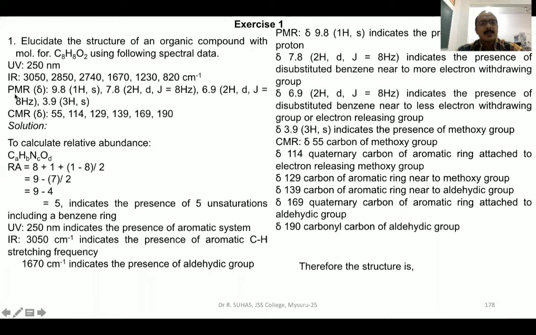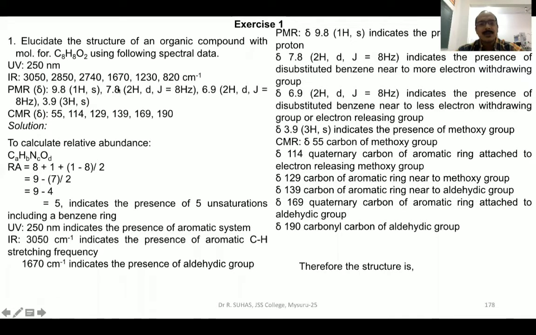So coming to 1H NMR values, 9.8, 1H singlet. Anything between 9 to 10 shows that the compound contains an aldehydic proton. So this is the aromatic region, 7.8 and 6.9. Both have got 2H, doublet, J equal to 8 Hertz. Different values with the same coupling constant refer to a disubstituted benzene.